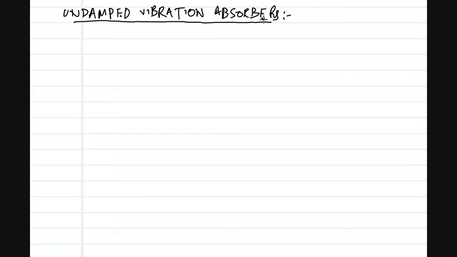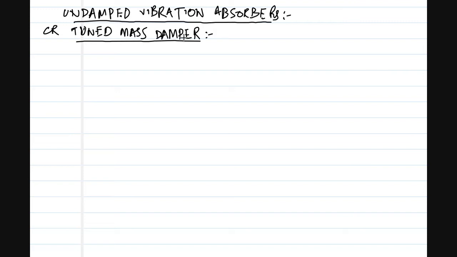Now, sometimes it's also called a tuned mass damper. It's basically the same thing. It's not actually a damper like what we have been studying for the last many weeks, that is viscous dampers.